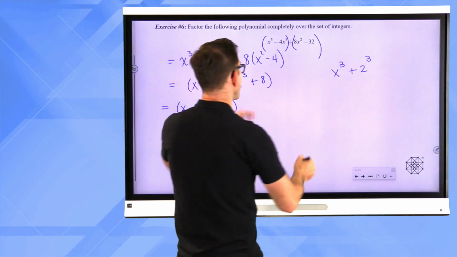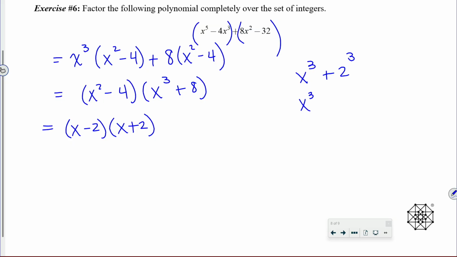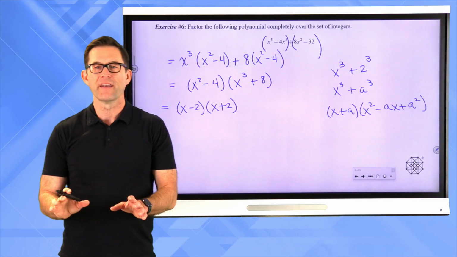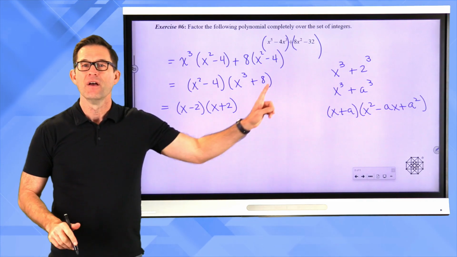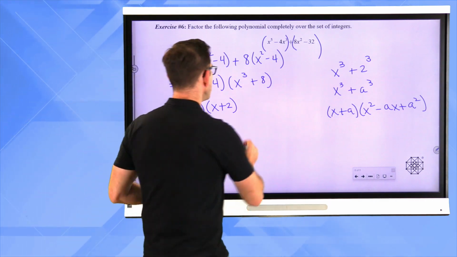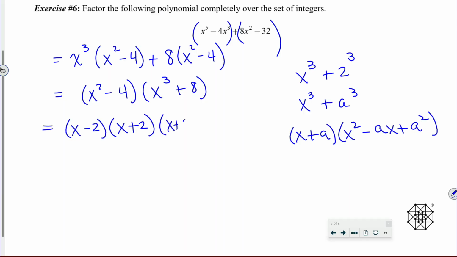And remember, the sum of perfect cubes, x cubed plus a cubed, is x plus a times x squared minus ax plus a squared. And that pattern's up top, but I wanted to write it down so we just had it there. So now x cubed plus 8 can be factored as x plus 2 times x squared minus 2x plus 2 squared.